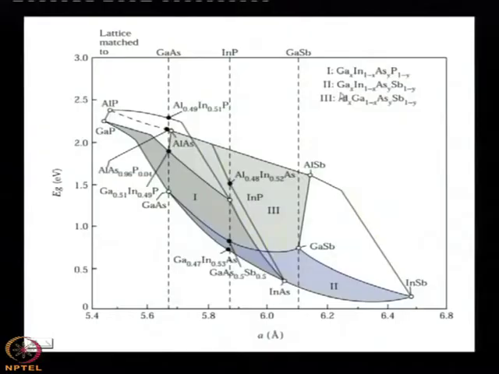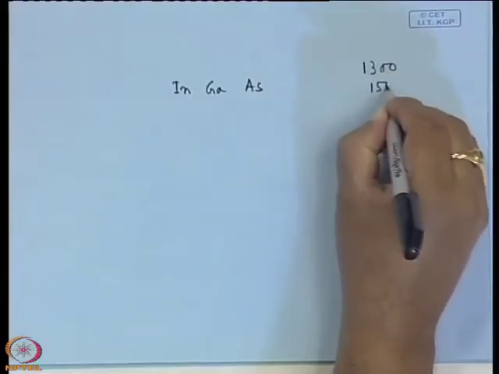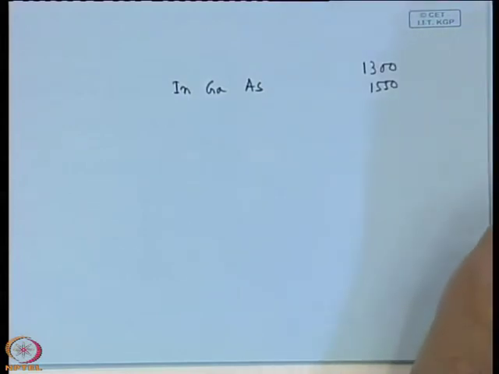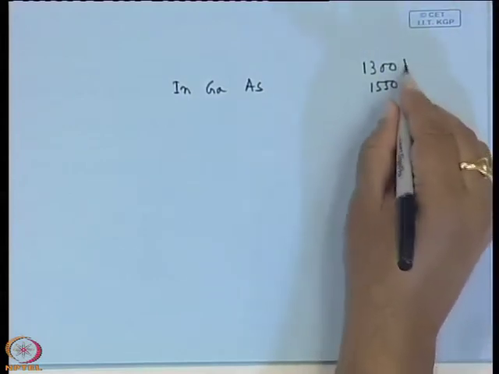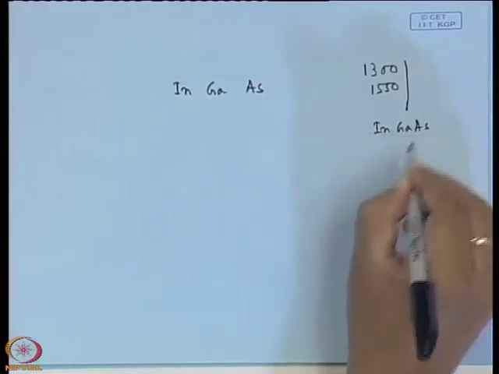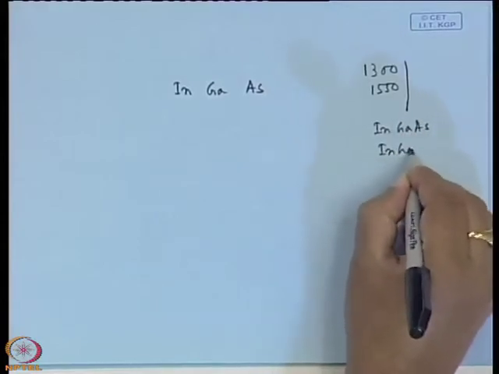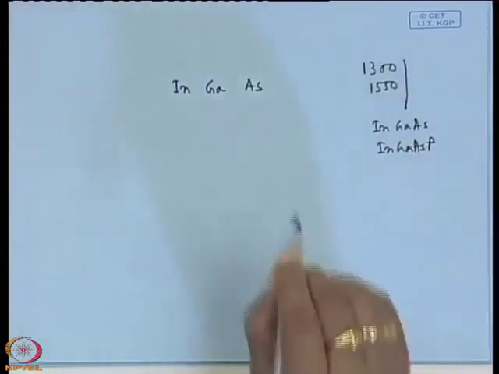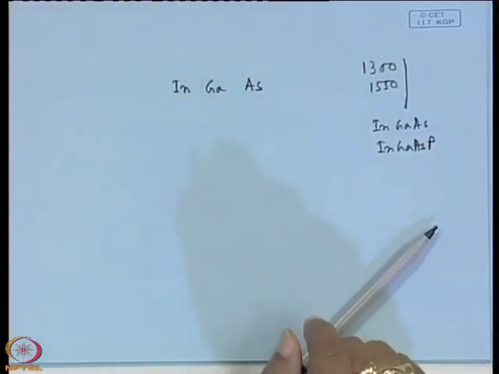Why am I talking about indium gallium arsenide? It is because it is a material for fiber optic sources for 1300 and 1550 nanometer. If you want to grow 1300 nanometer or 1550 nanometer fiber optic sources, then you have to use this material, indium gallium arsenide or indium gallium arsenide phosphide. These are two very important materials.